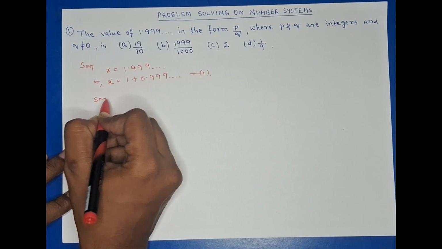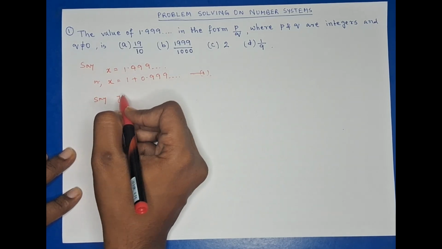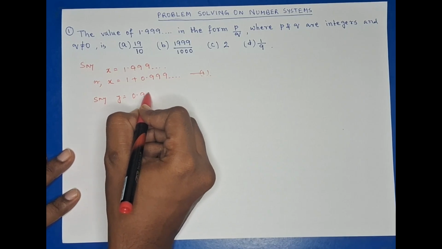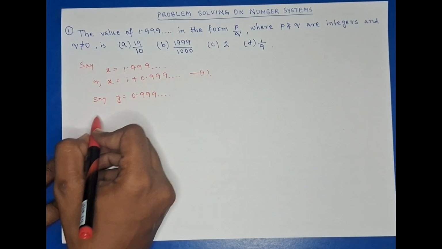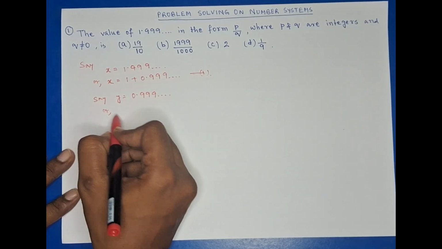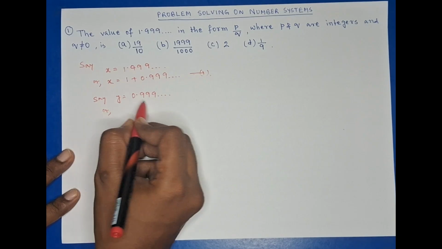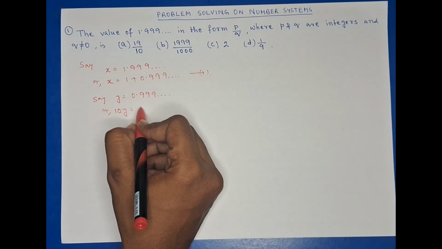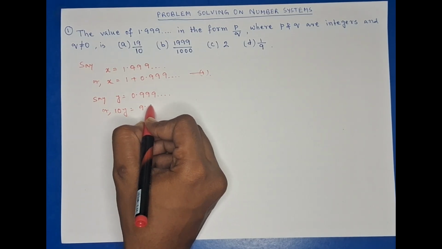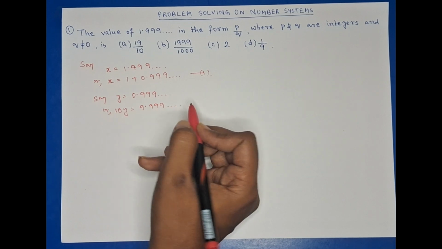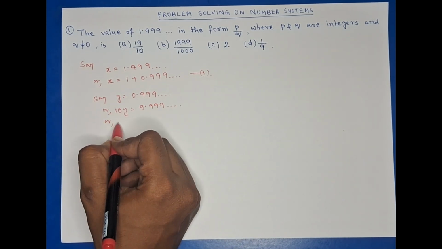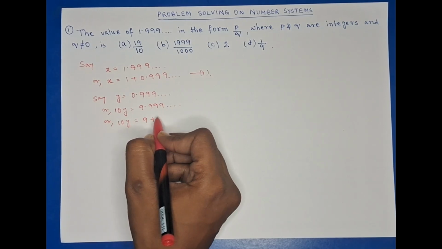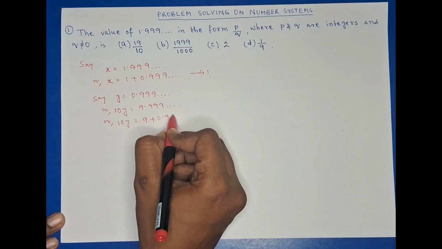Now say y is equal to 0.999 dot dot dot, and we are multiplying both sides with 10. So 10y is equal to 9.999 dot dot dot, or 10y is equal to 9 plus 0.999.